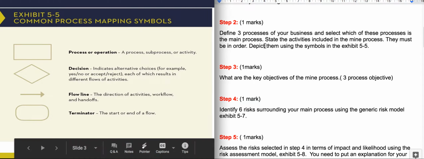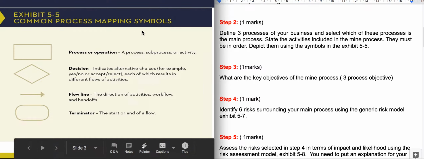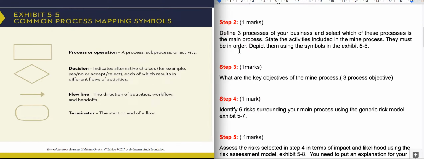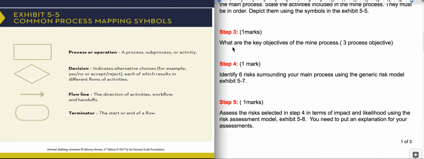You just put, for example, design either here or here, and then you depict the whole main process. Here you state the activities of the main process only, and you put them in order, and you depict only the main process.